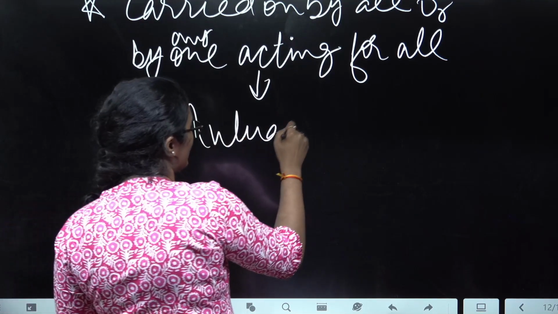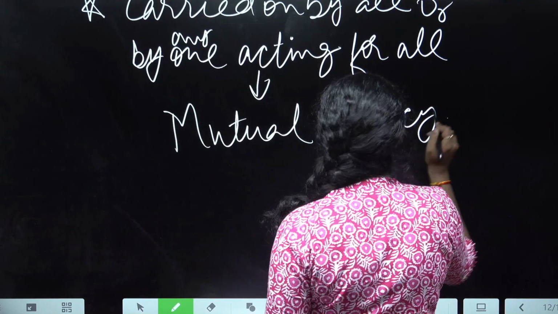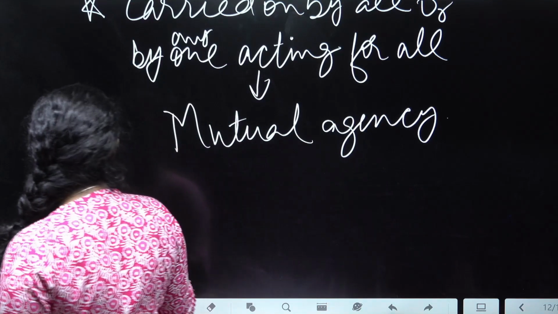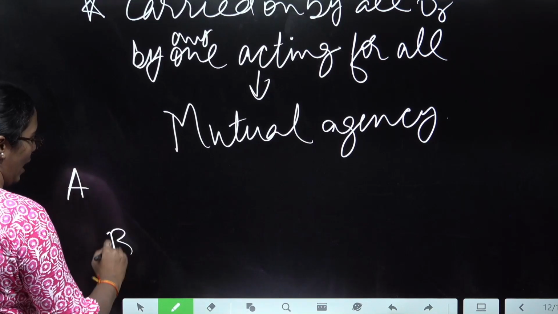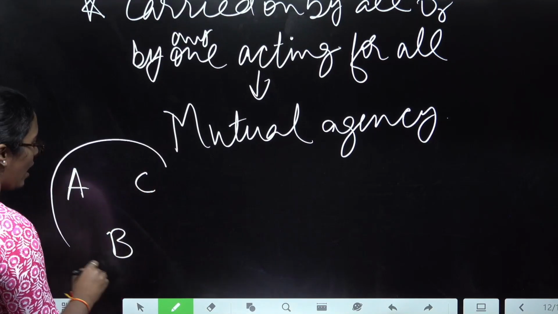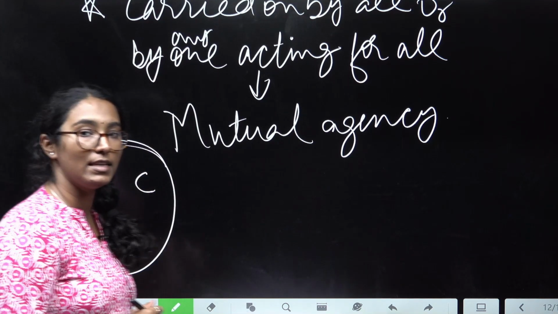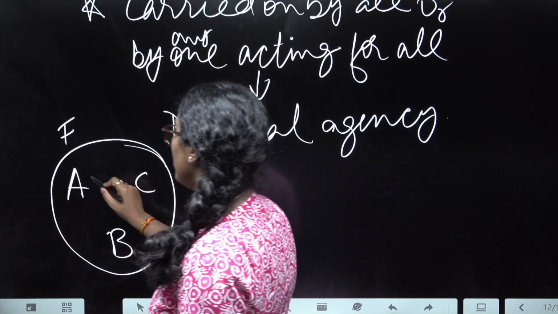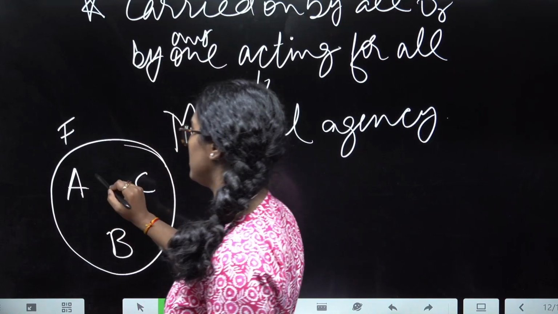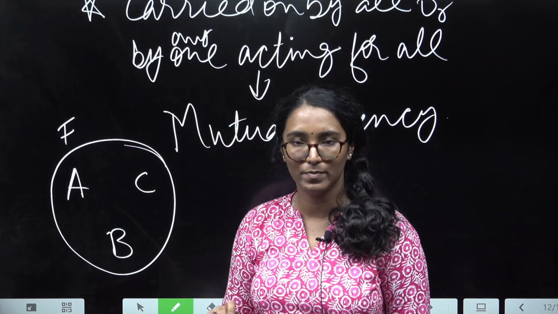Mutual agency. Let us understand mutual agency by a simple example. Let's say A, B and C are partners in a firm. So, any one of them may be carrying the business or all of them may be carrying the business.